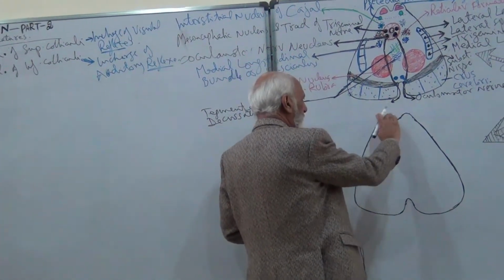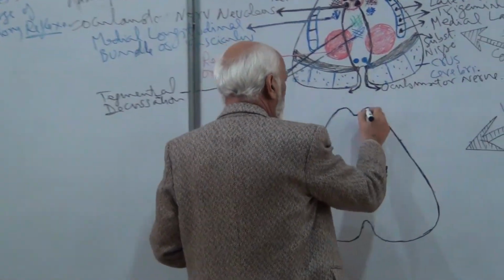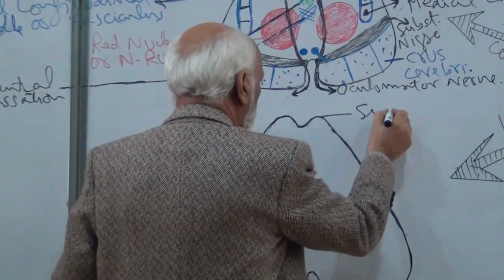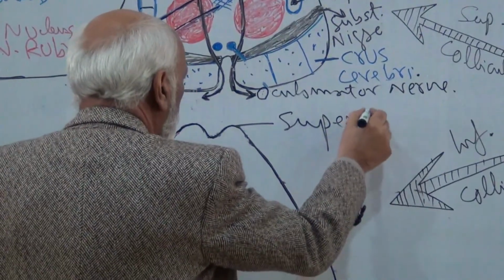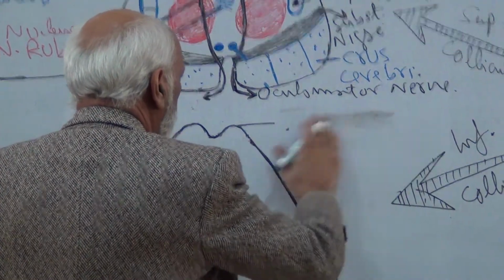So this is the dorsal aspect, this is the ventral aspect. So this is the superior colliculus. Sorry, not superior, inferior colliculus.